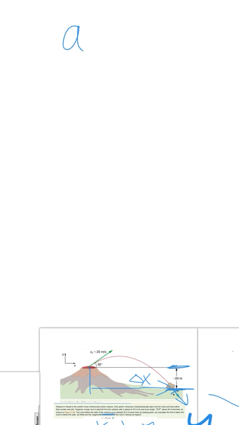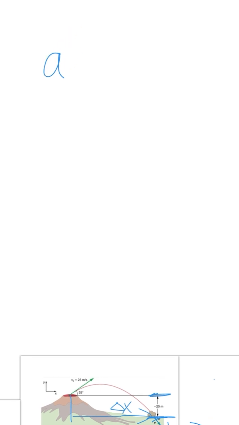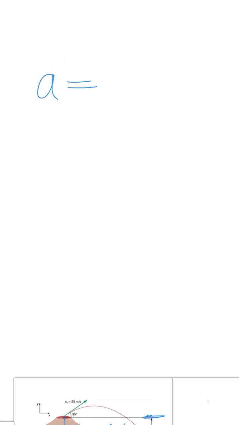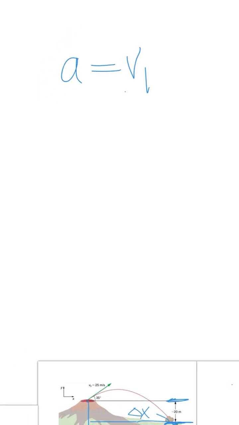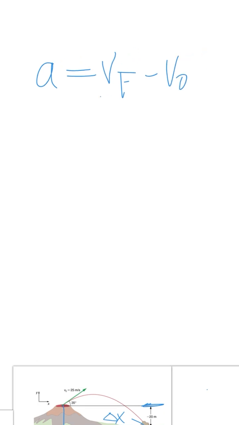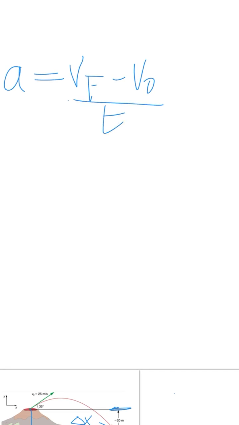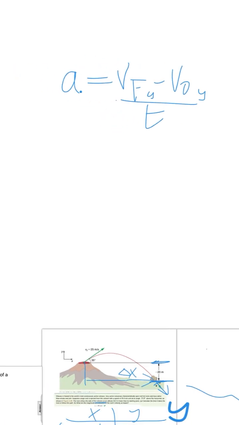So let's use this simple equation to find time. A equals VF minus VO over T. We're using the y values because we have all those things we need.